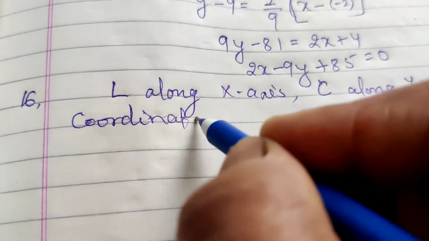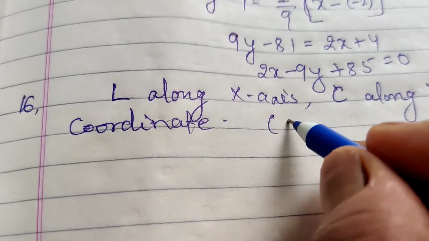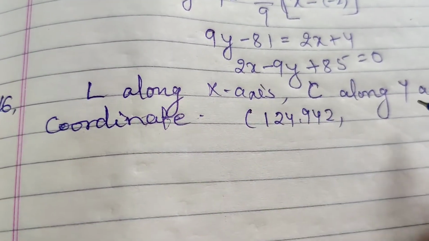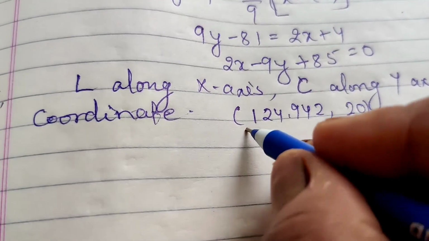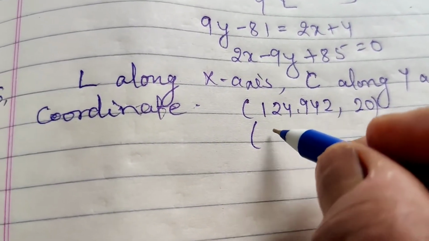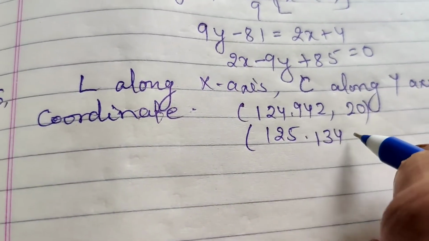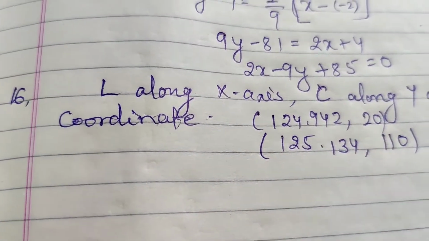Now what will the coordinates be? When L was 124.942, then C equal to 20, and the second, when L equal to 125.134, C is equal to 110, in the xy plane.